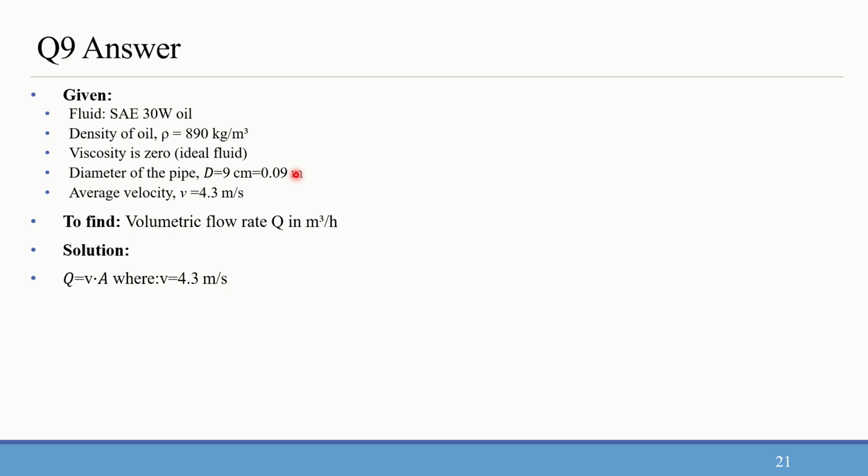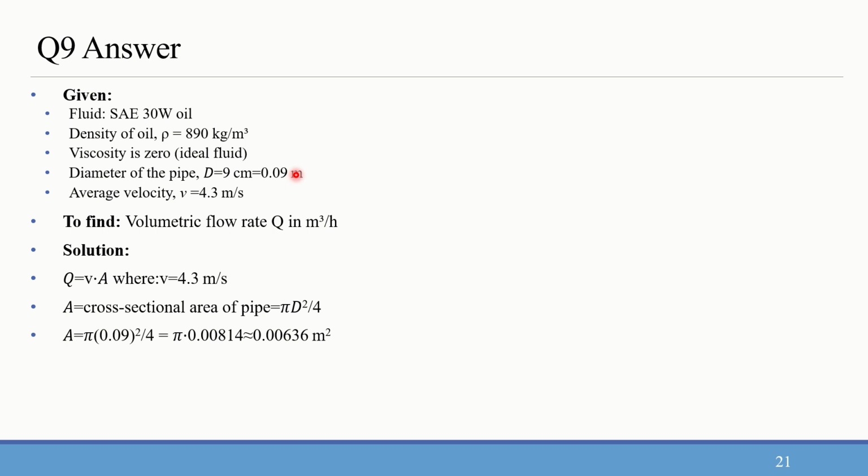So how are we going to do this? We have to find the volumetric flow rate in meter cube per hour. So Q is equal to, as we have seen, A into V. Here A is the cross-sectional area of the pipe, given by pi by 4 d square, and V is the average velocity, which is 4.3 meter per second.